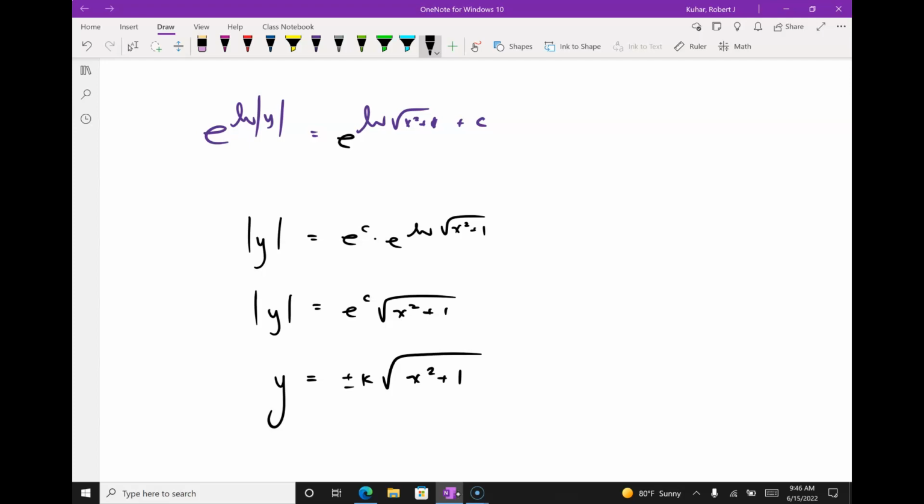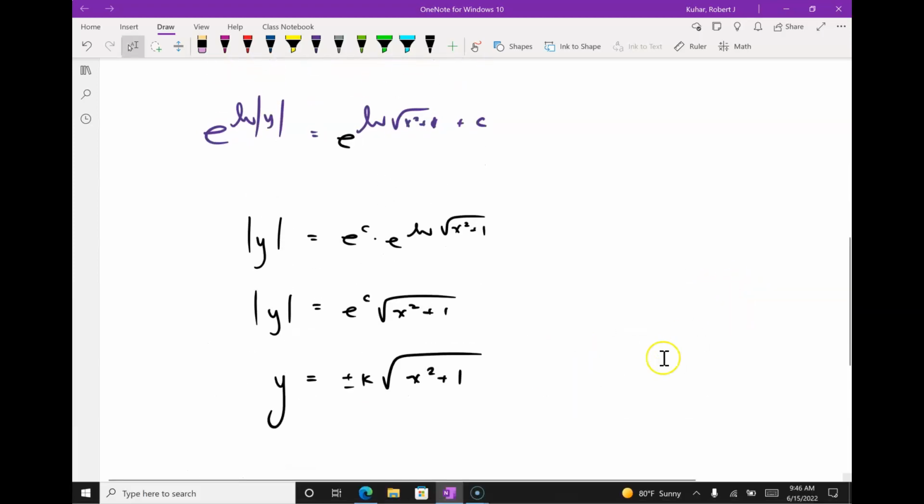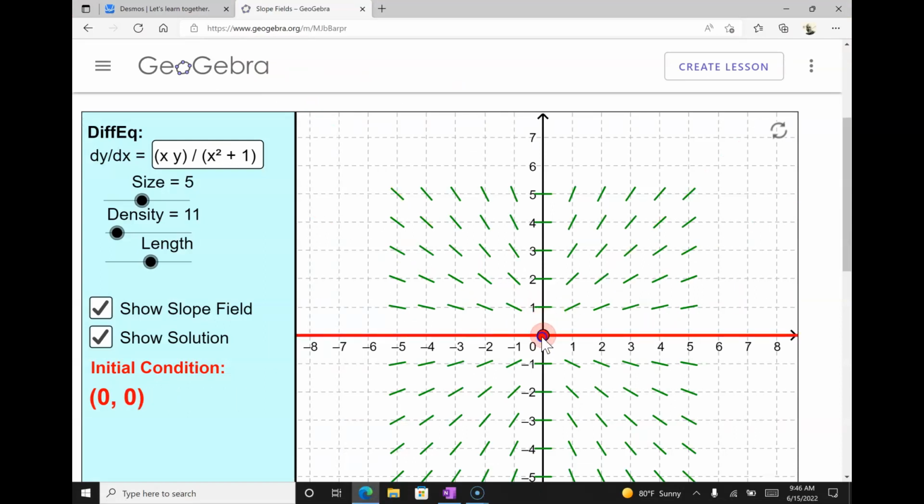That's one way. The other way is to give it an initial condition, or we can actually plot this with a slider of k, right? And it'll show us the family of functions. Of course, k is 0, right? If I go here, if I have my 0, 0, of course k is 0, right? I can see that solution for sure.